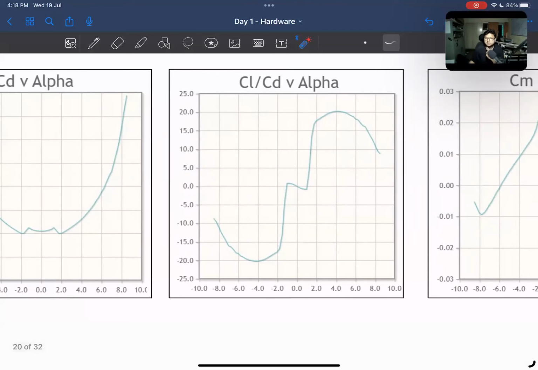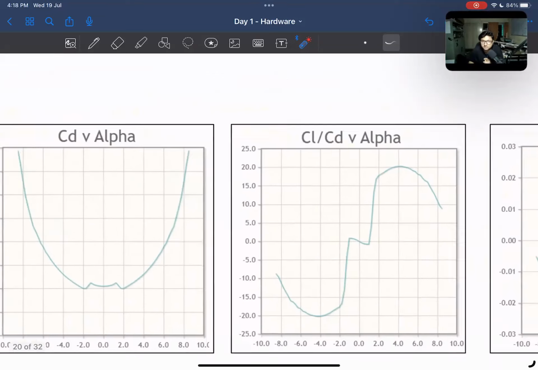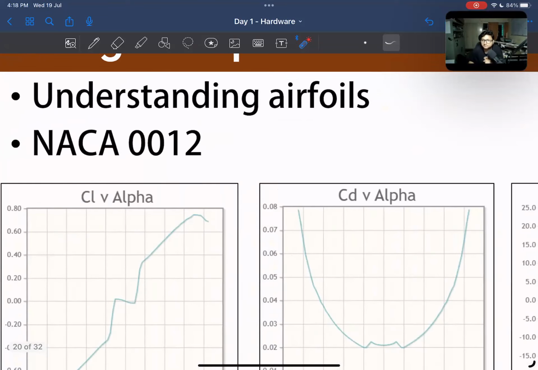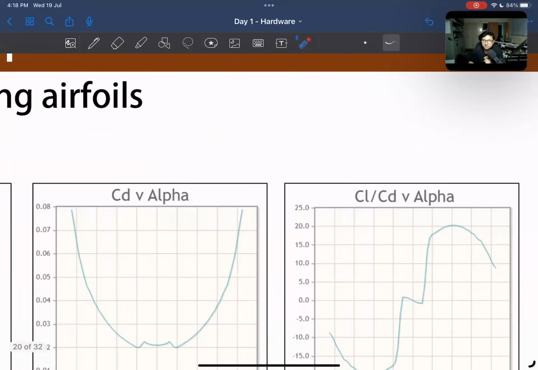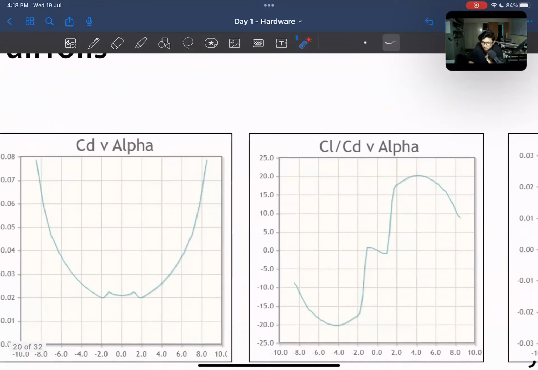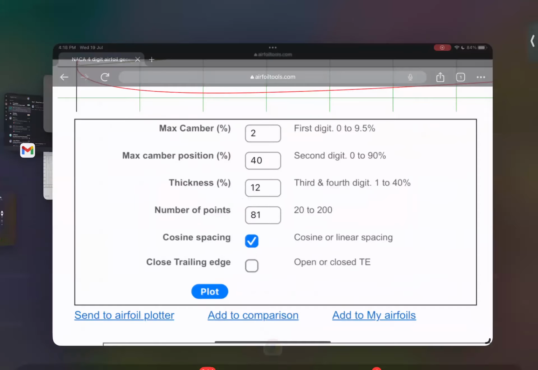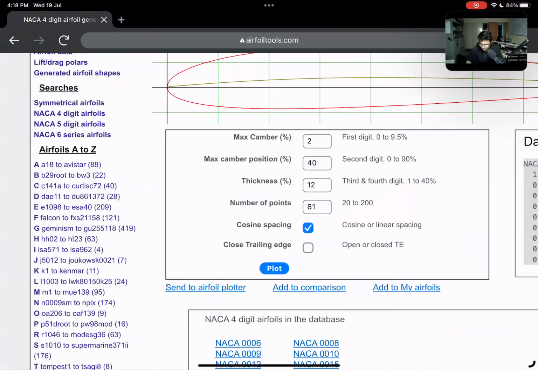Now comes the comparison of CL versus CD. For which NACA airfoil are these results obtained? These are for NACA 0012, a symmetrical airfoil. I have generated these from Airfoil Tools itself. You can go to Airfoil Tools and scroll down.